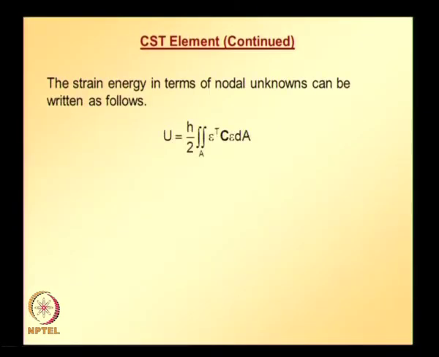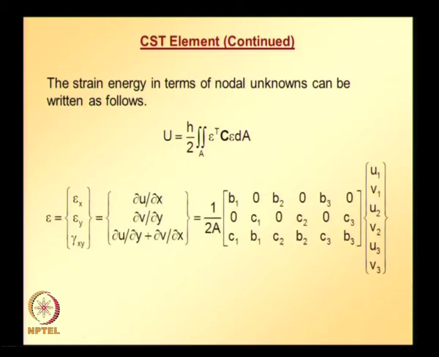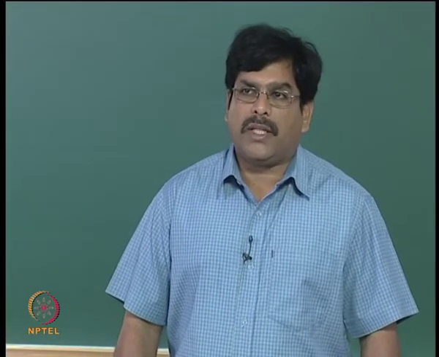as follows. This is the strain energy definition, and strain is defined like this: it consists of derivatives of displacements with respect to x and y, and just now we have seen displacement u and v in terms of finite element shape functions and nodal parameters.